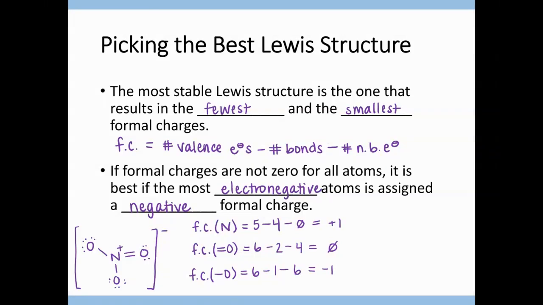Now, anytime nitrogen has 4 bonds, you have 5 -4 -0, +1 charge. Anytime oxygen has a single bond and 6 non-bonding electrons, we have column 6 -1 -6, which gives us a -1 charge. So both oxygens in this structure that are bonded with a single bond have the same formal charge. So we don't need to write that equation twice. It applies to both.